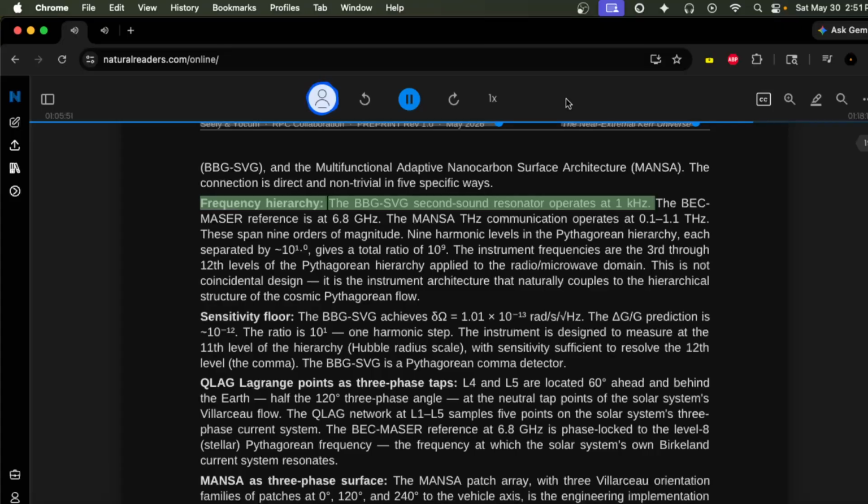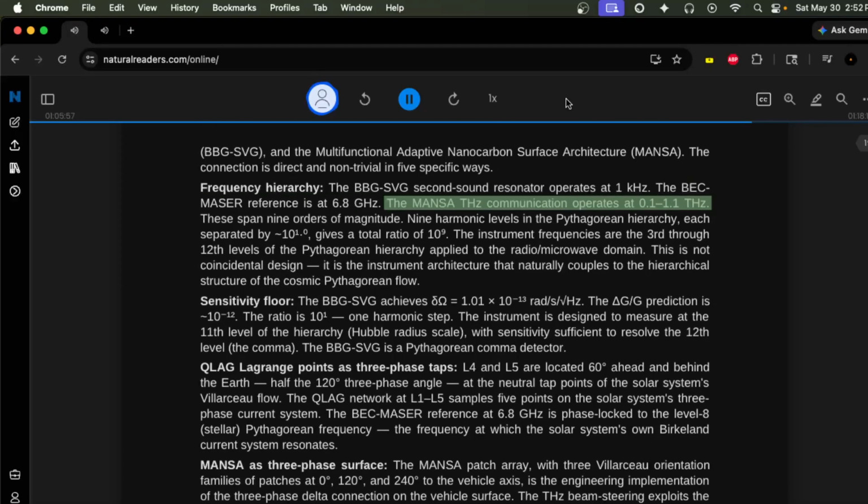Frequency hierarchy. The BBG-SVG second sound resonator operates at 1 kHz. The BECMASER reference is at 6.8 GHz. The MANSA THC communication operates at 0.1 to 1.1 THz.